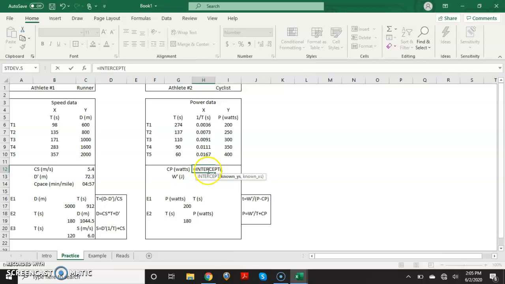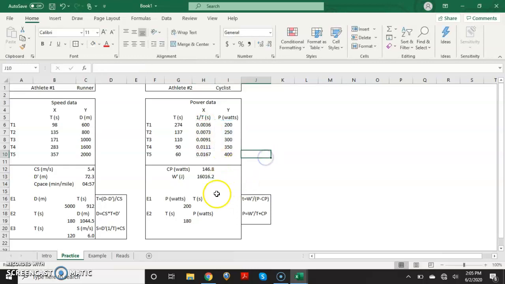So instead of being the slope, critical power is now going to be the intercept. However, the way you calculate it is the exact same thing. There you go. It equals the slope instead, and there you have it.